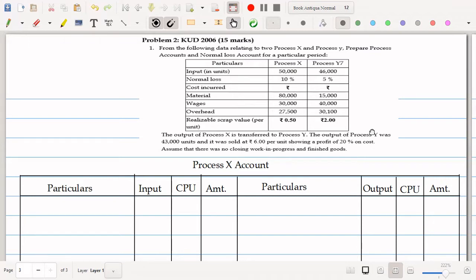Let us first prepare process X account. So as I said earlier, let's take units introduced.